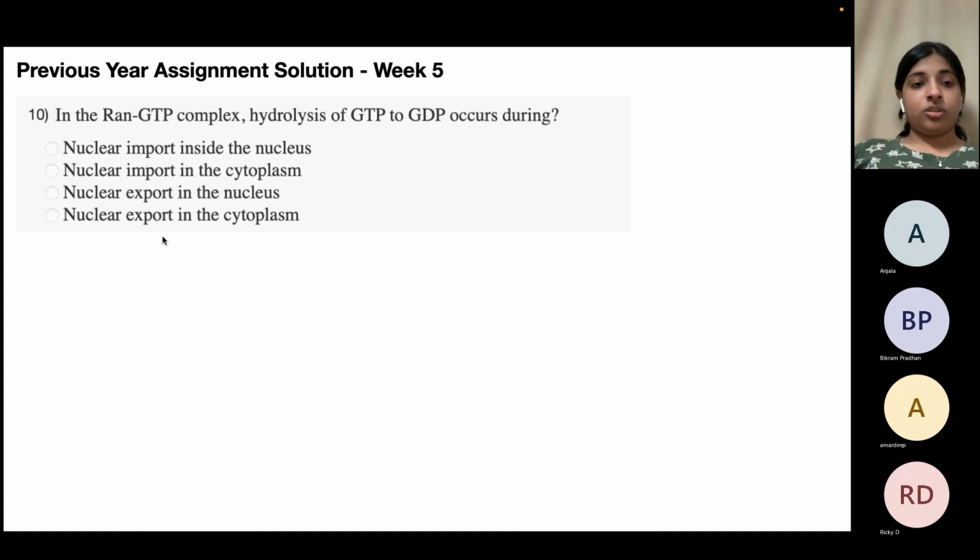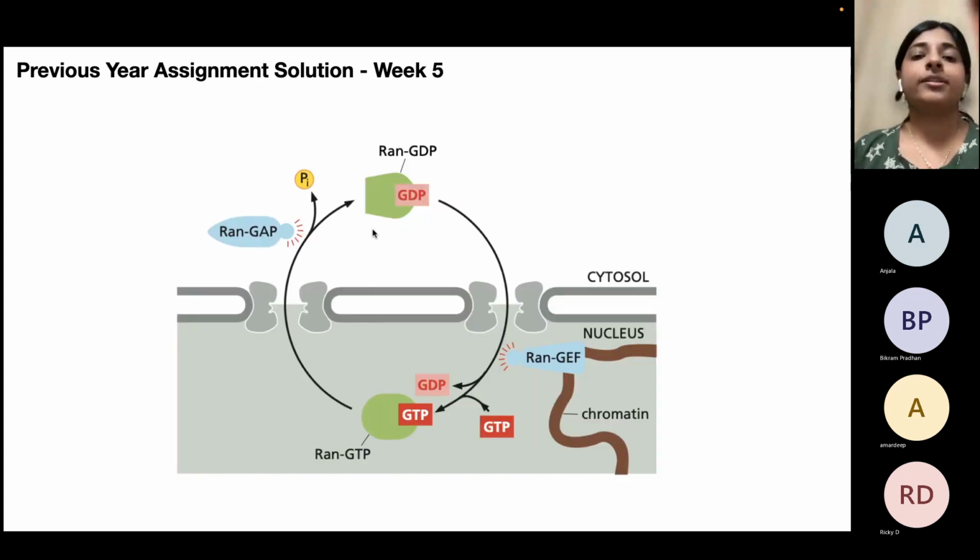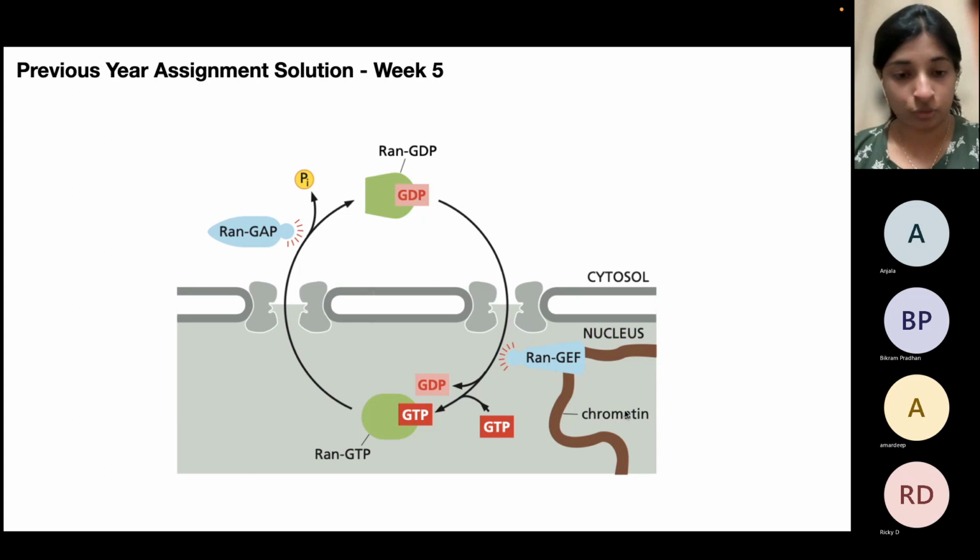The final question was, in the RAN-GTP complex, hydrolysis of GTP to GDP occurs during what? So this is a question that talks about nuclear import and export. So let's look at what essentially nuclear import and export is and how it's regulated in the cell. So we have seen that the cell has a nucleus.